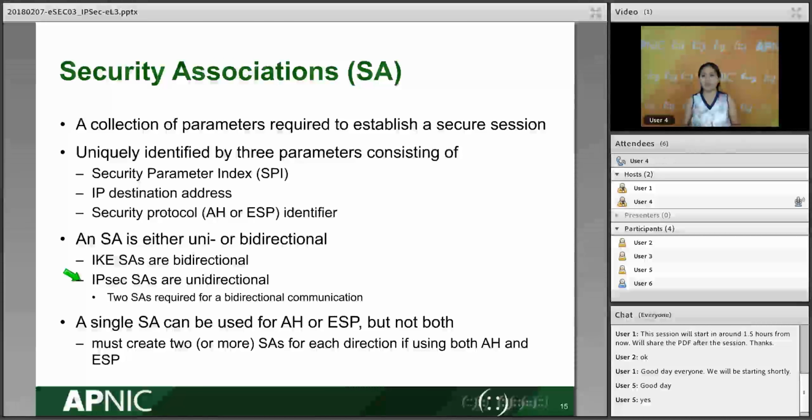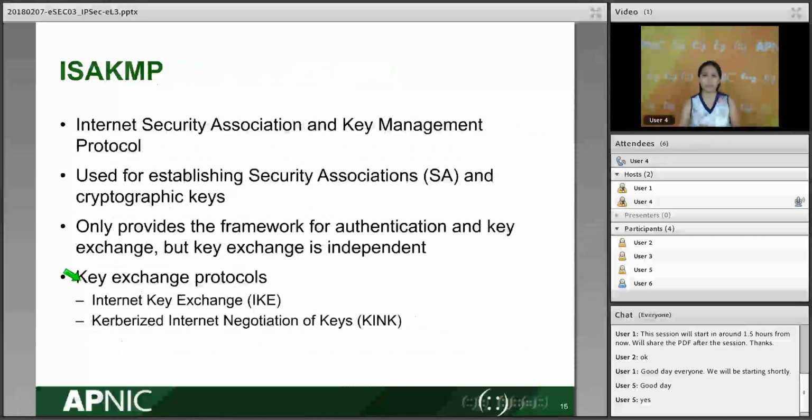What does that mean? You'll need two security associations for a bidirectional communication. So when you're establishing a connection, you'll need two security associations. And usually, if you want both AH and ESP, it will have two for each, so you'll have 4, or 2 sets, of security associations to use both AH and ESP. So that's security associations.